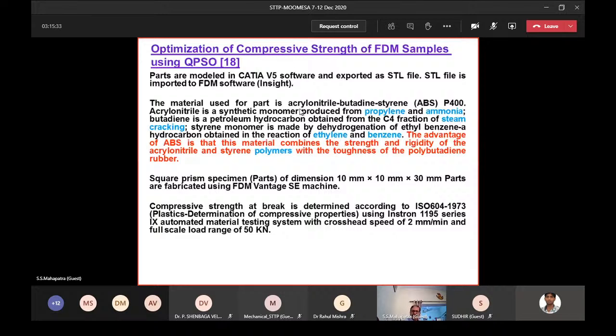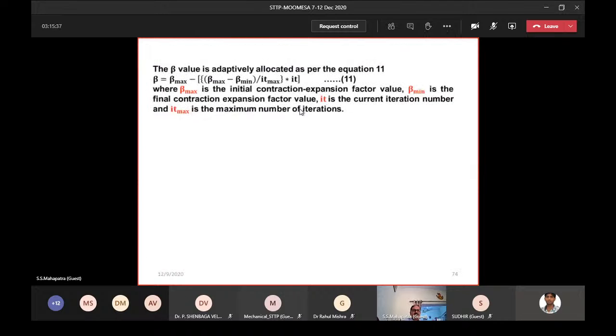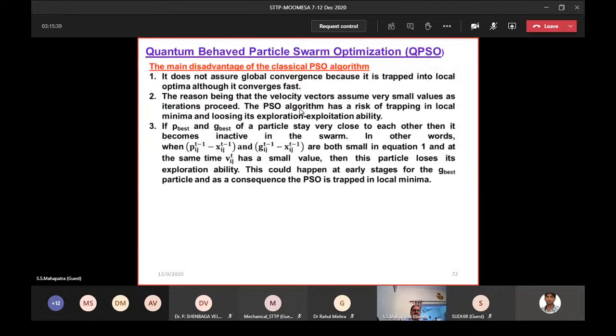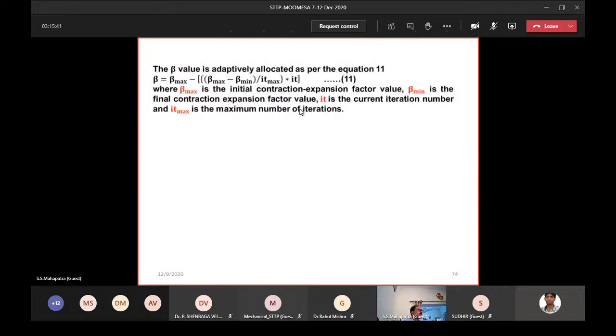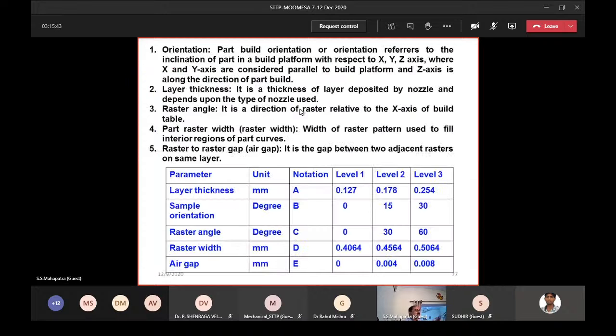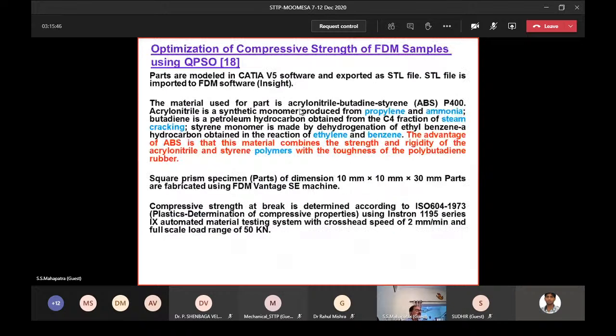The details will take a long time because a lot of equations are there. The velocity used in the normal particle swarm optimization has been avoided. This quantum particle swarm optimization has been applied to optimization of compressive strength in fused deposition modeling.